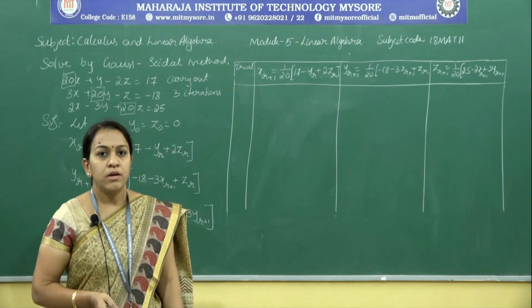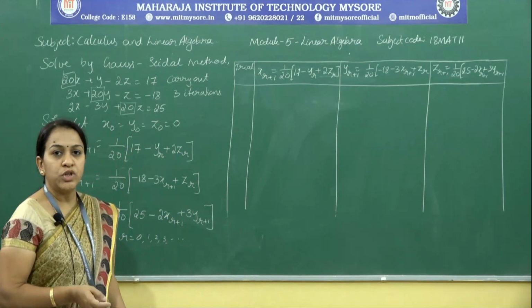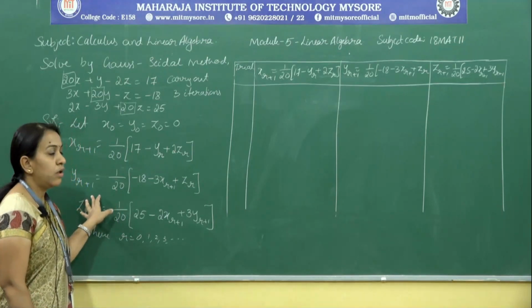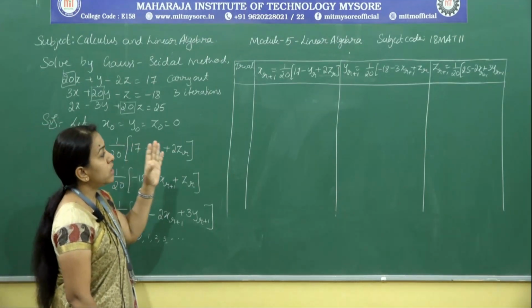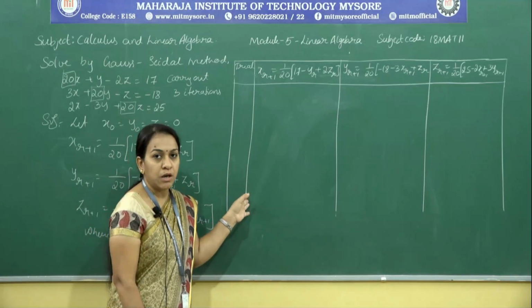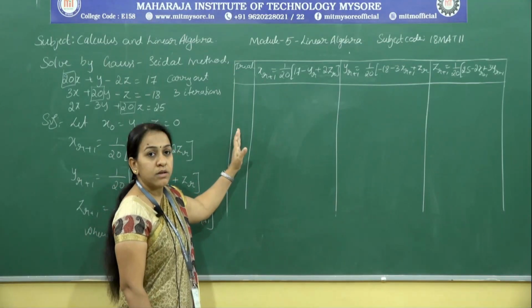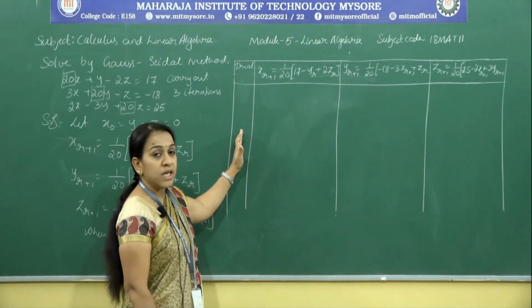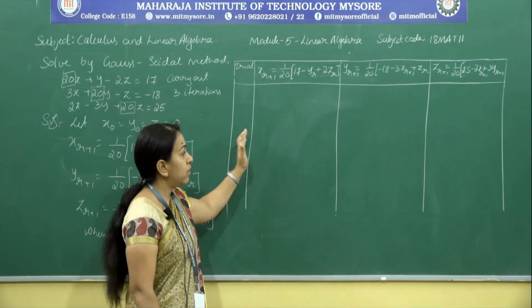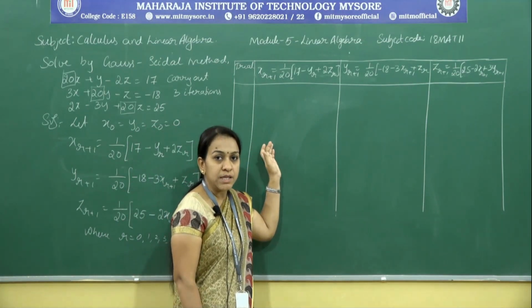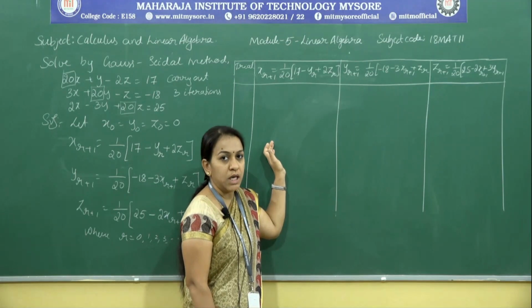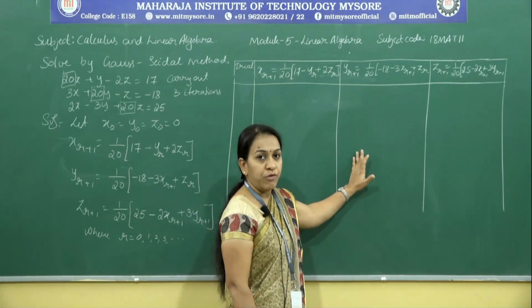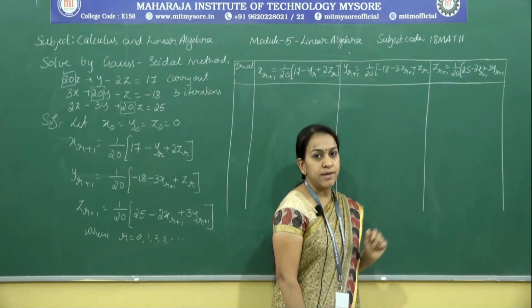You can solve the system of linear equations using this formula, and we can easily simplify if I construct a table. So I construct it in this order. The first column stands for the trial or iteration. The second column will be the x(r+1) value, that is nothing but the x value. The third column is y, and the next one is the z column.